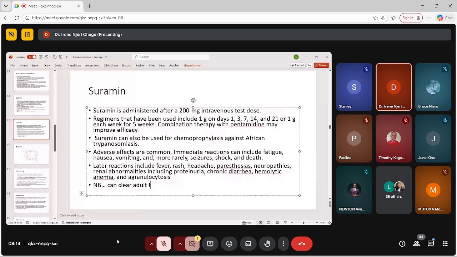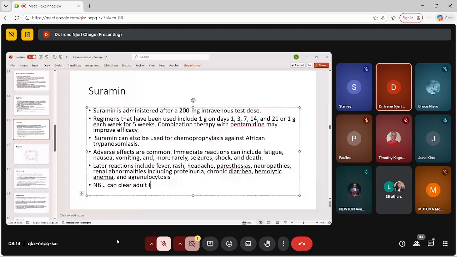It's a difluoromethylornithine, and it is an inhibitor of ornithine decarboxylase. Now, this ornithine decarboxylase is actually a key enzyme in polyamine metabolism. Inhibitor of ornithine decarboxylase.